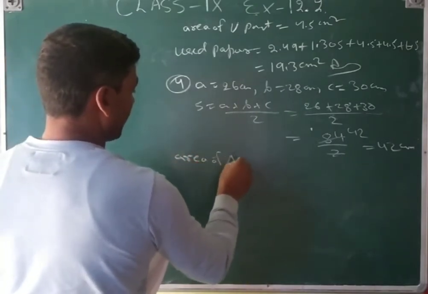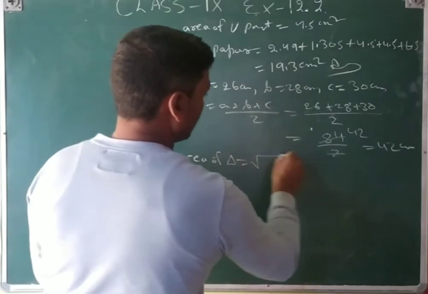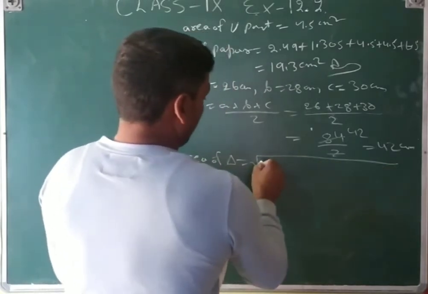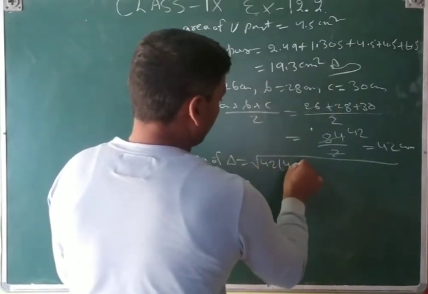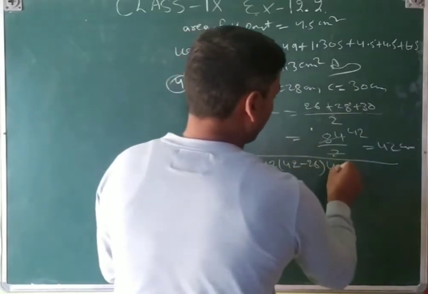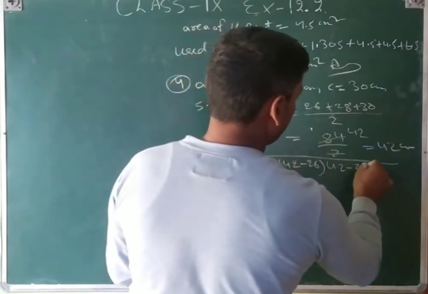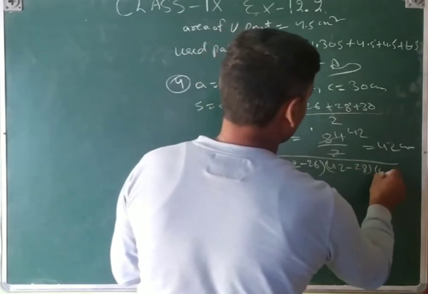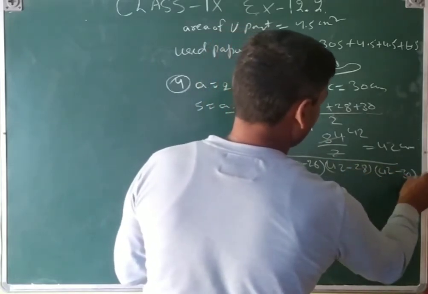Now area of triangle is equal to the square root of 42 into 42 minus 26, 42 minus 28, and 42 minus 30.